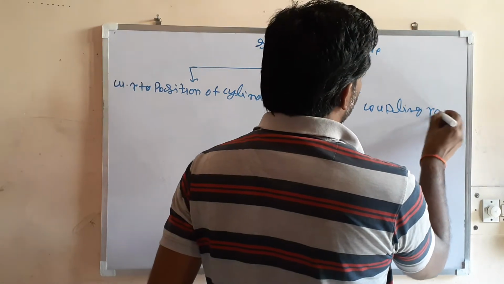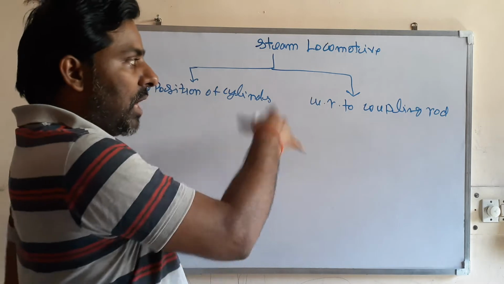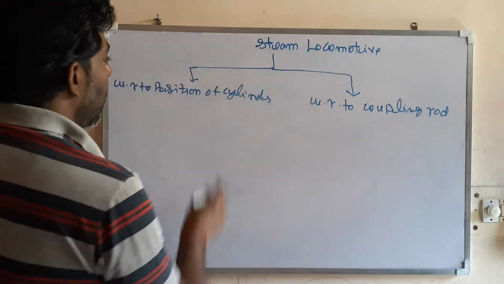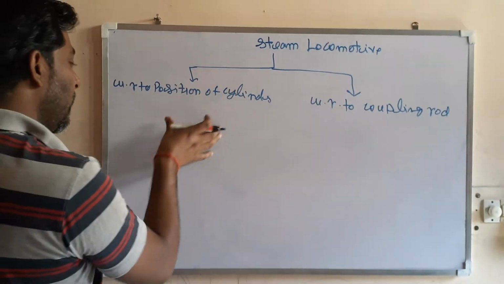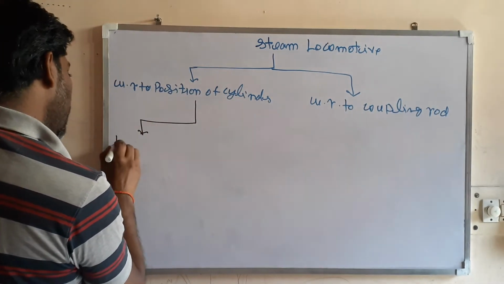There is a coupling rod mechanism which is either used or not used, so depending upon that they can be classified. With respect to the position of cylinder, this can be classified into two categories.